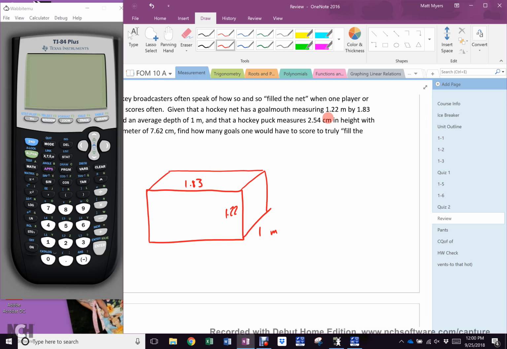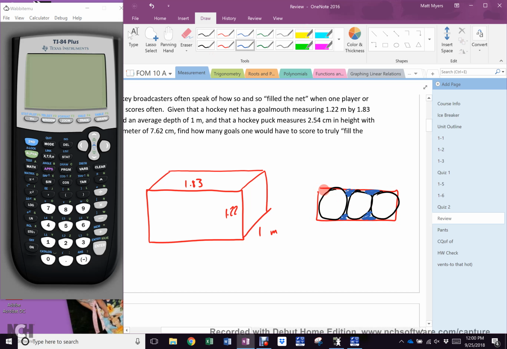All right. Next problem. What shape is this net that I've drawn? A rectangular prism. Agreed? What shape are hockey pucks? Circles. So I'm going to draw you a rectangle right here, and I'm going to fill it with hockey pucks. What do you notice? Right there, right there, right there.